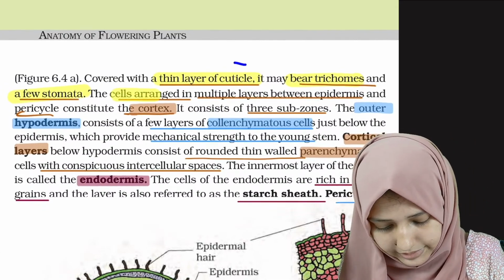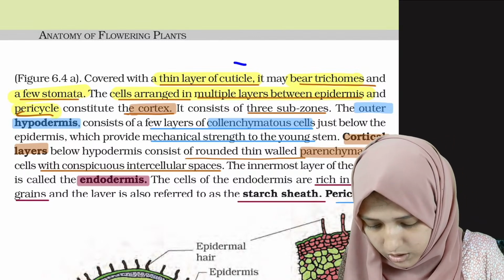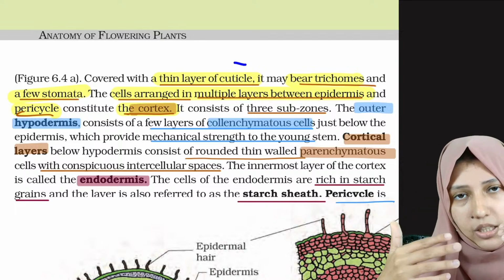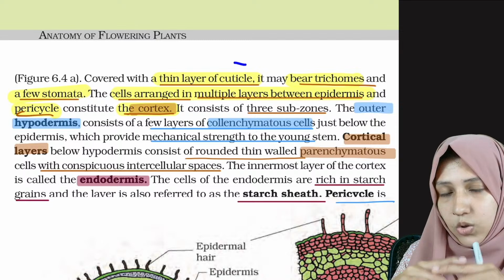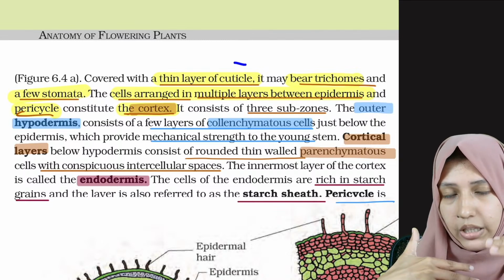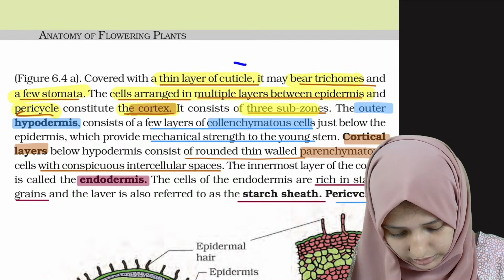Then the cells are arranged in multiple layers between the epidermis and pericycle. The cells arranged between the epidermis and the pericycle are known as cortex. It consists of 3 subzones.